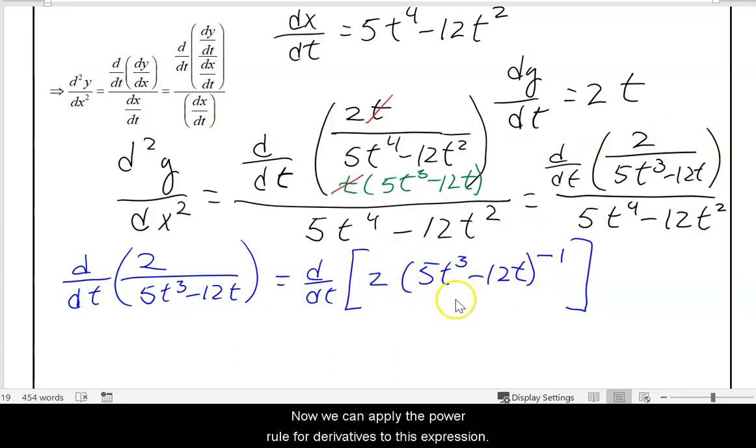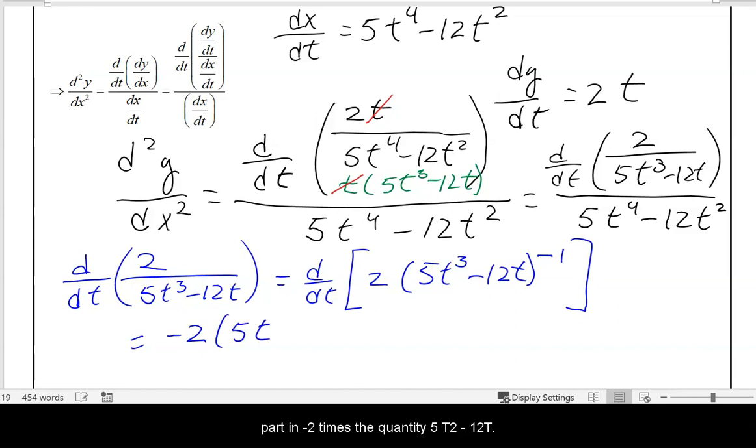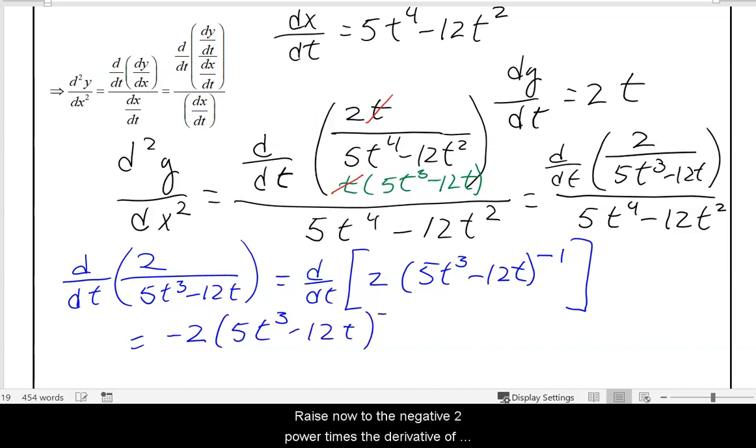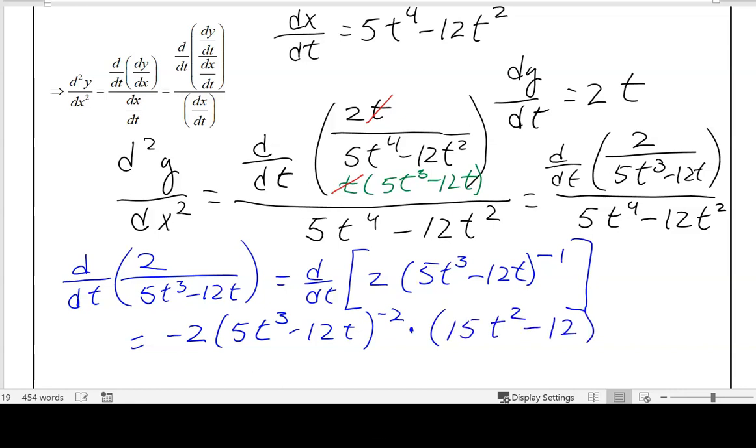Now we can apply the power rule for derivatives to this expression. This will lead us to the derivative of that numerator part being -2 times the quantity 5t cubed minus 12t raised now to the -2 power times the derivative of the inside function, which is 5t cubed minus 12t, and the derivative of that would be 15t squared minus 12.